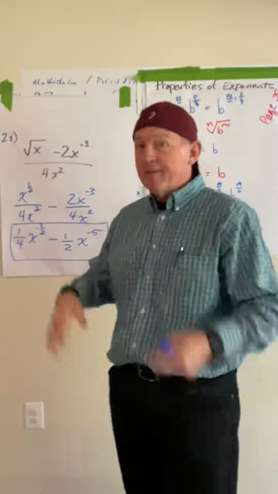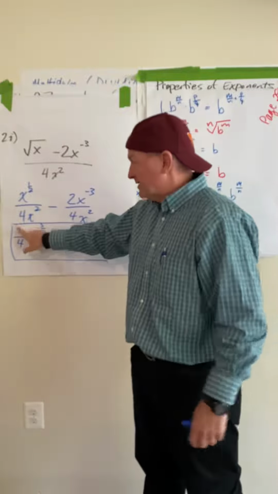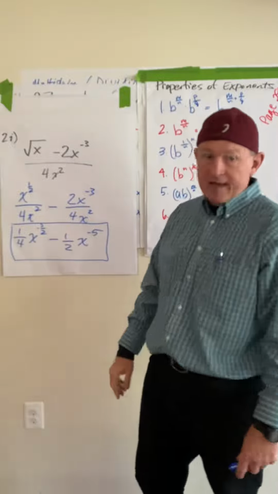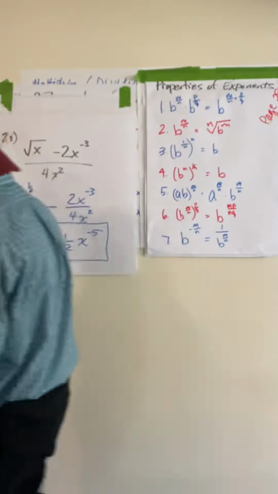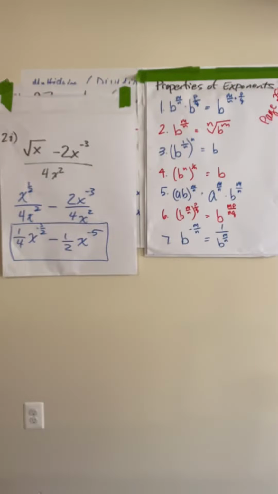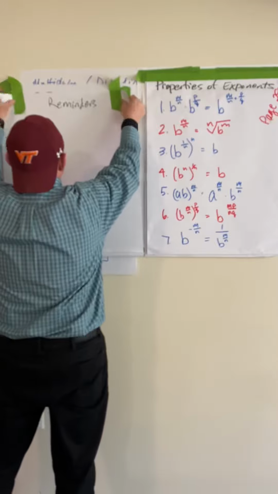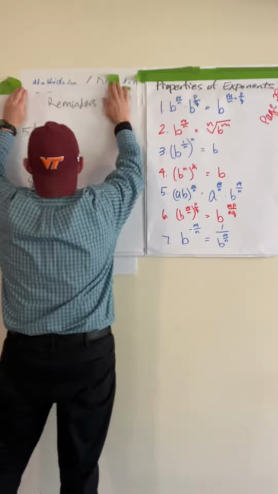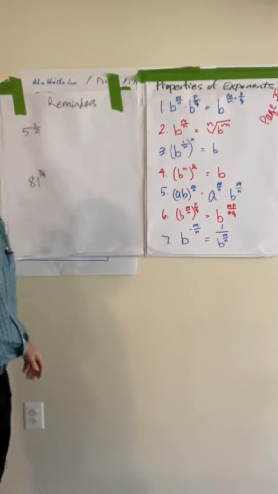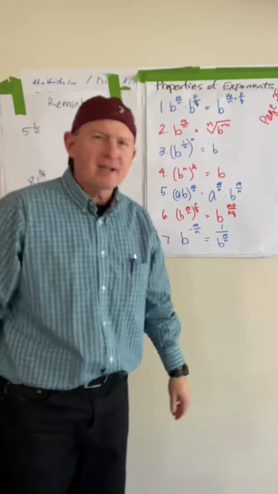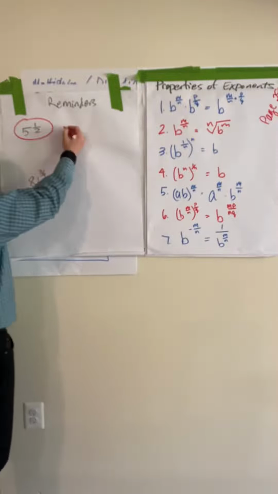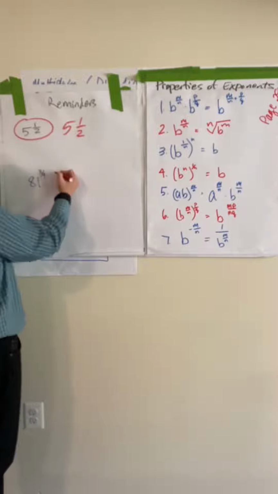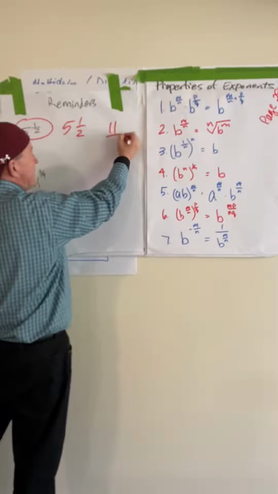That's it. And remember, they wanted us to put the answer as k x to the n. All right, so the last thing before I say goodbye to you is a couple reminders that I just want to reiterate that I noticed as I was looking at your assignment recently. Some people, for some reason, when the book writes this, they think that's 5 1/2, and they tell me that's equal to 11 halves.